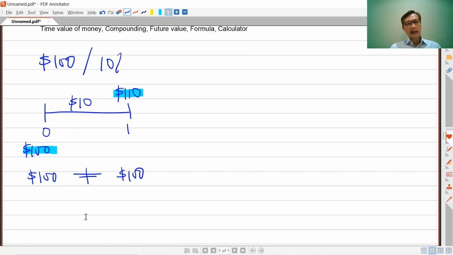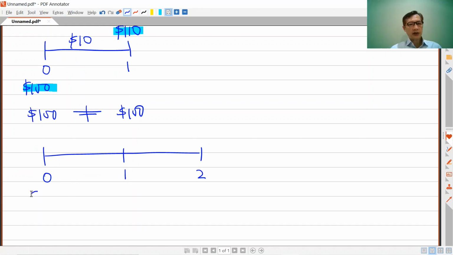So let's extend this to 2 years. Say the $100 you have right now, you're going to put in a bank. And this time we're going to put it in for 2 years, and they still give you 10% per year. So with $100 to begin with, for the first year that will earn you the $10 like before.